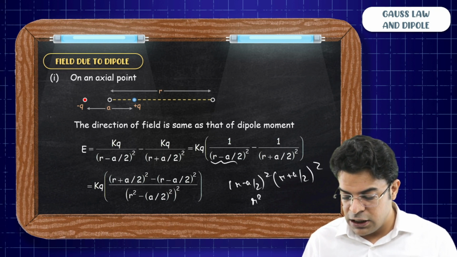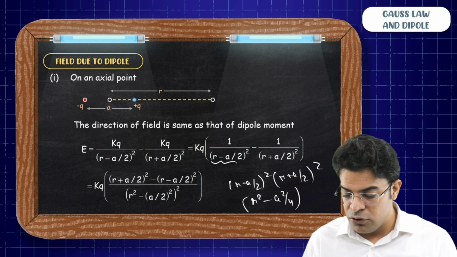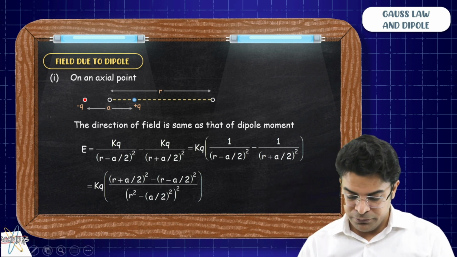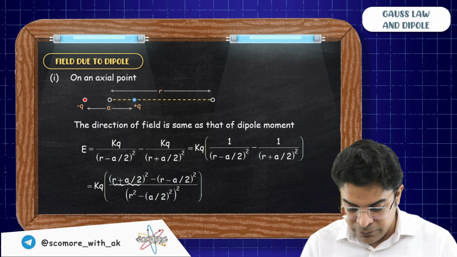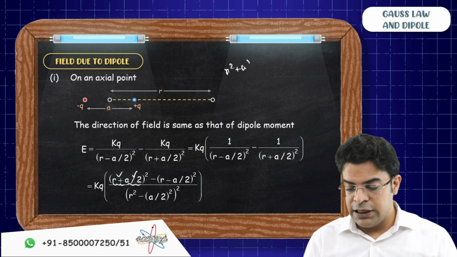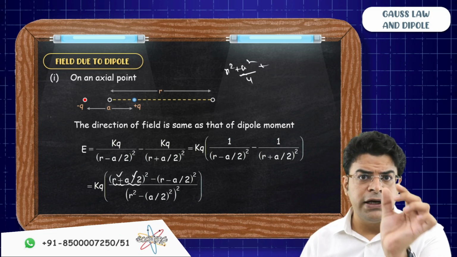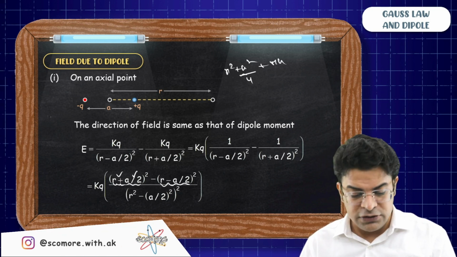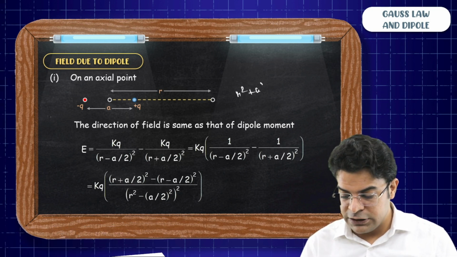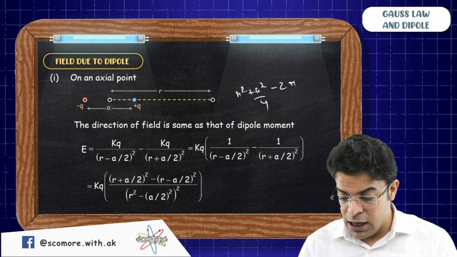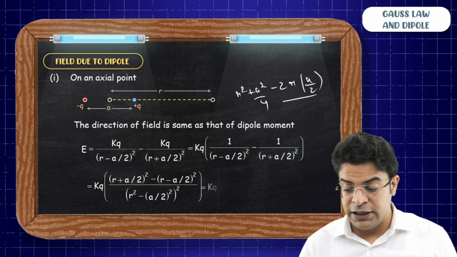So that becomes (r square minus a square by 4) whole square. Now when you open up this term, (r plus a by 2) whole square, you get r square plus a square by 4 plus 2 into r into a by 2, that becomes ra. And when you open up this one, you get r square plus a square by 4 minus 2 into r into a by 2, that is minus ra.